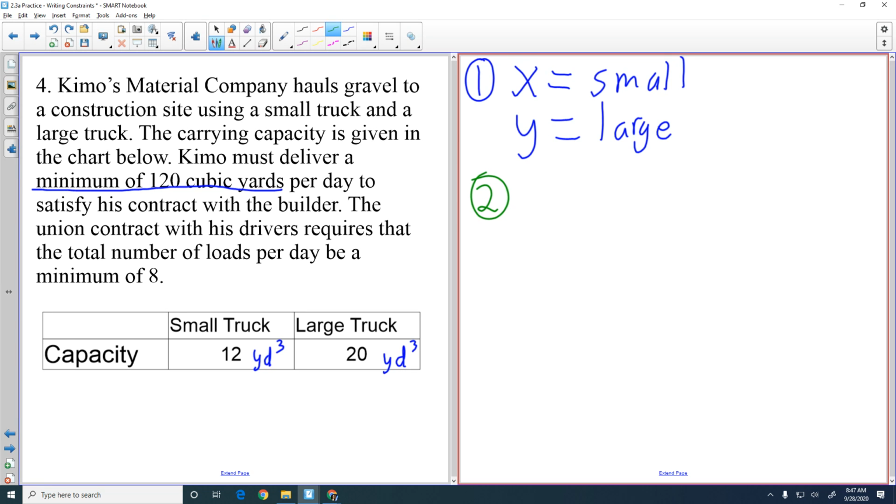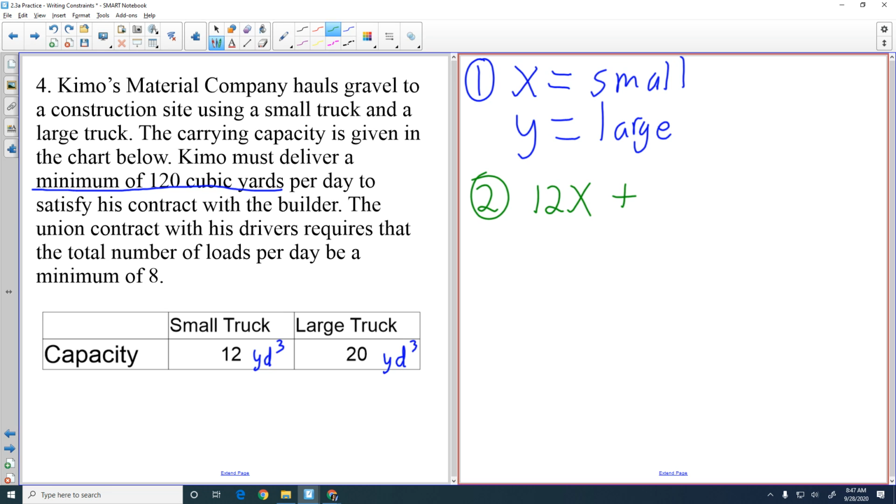So how many cubic yards can a small truck carry? 12. So we'd write that as 12x, because that says we can carry 12 cubic yards for every small truckload. 12 times x. There's 2 small truckloads. That'd be 12 times 2, 24 cubic yards from those 2 small trucks.